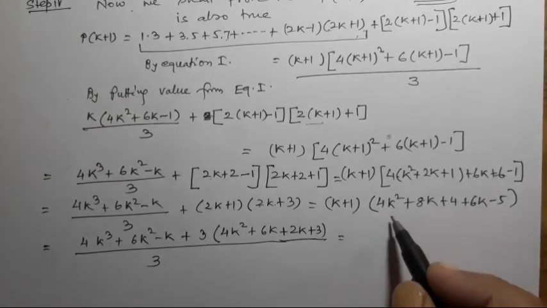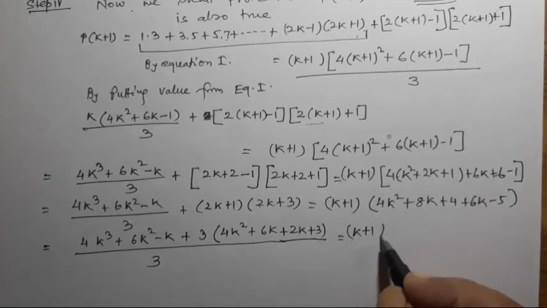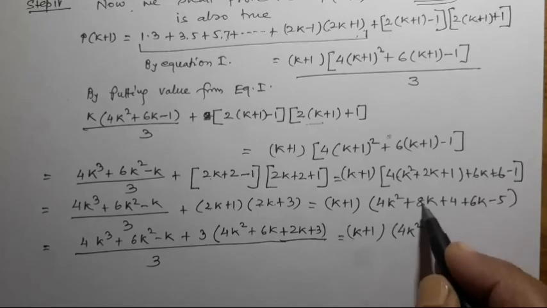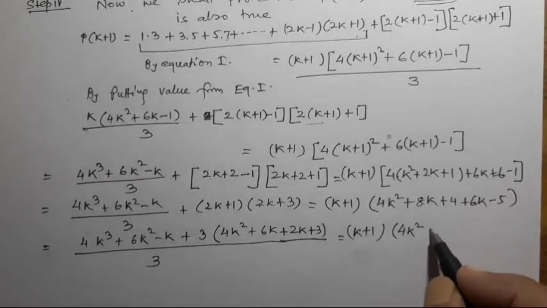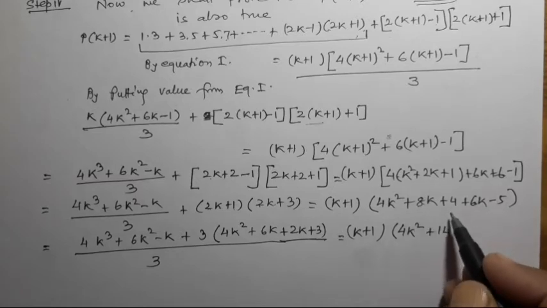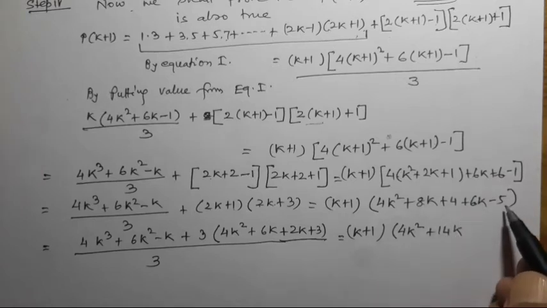Here it will be k plus 1 into 4k square plus 8k plus 6k, 14k, and 4 plus 5, 9.